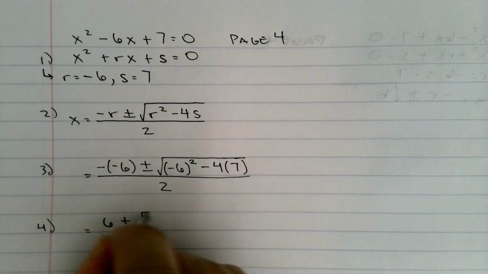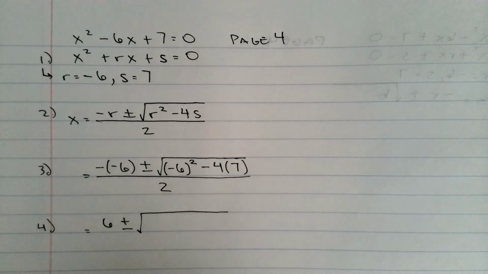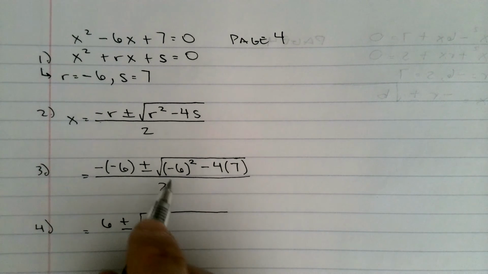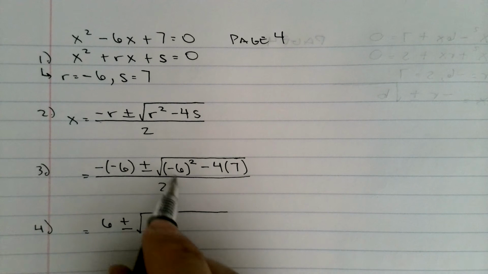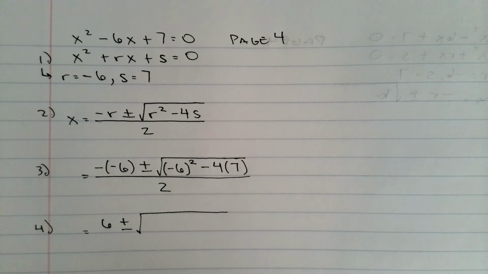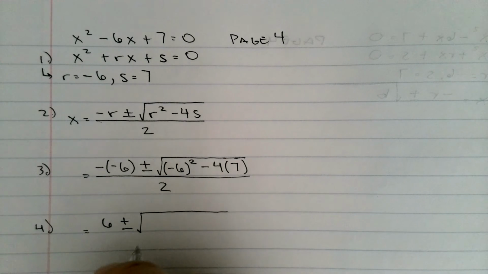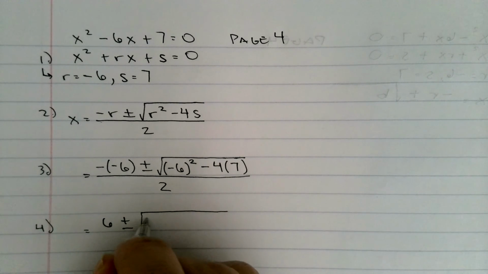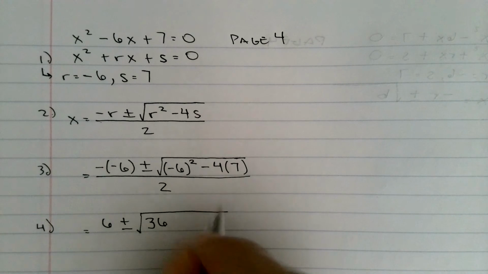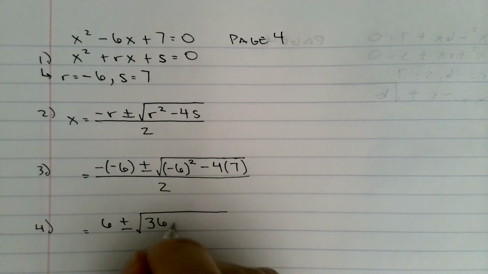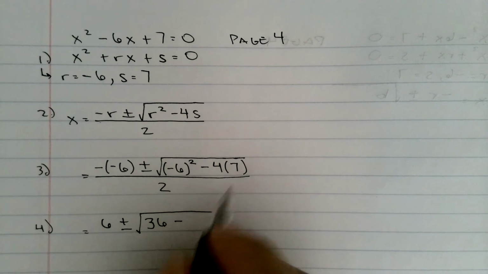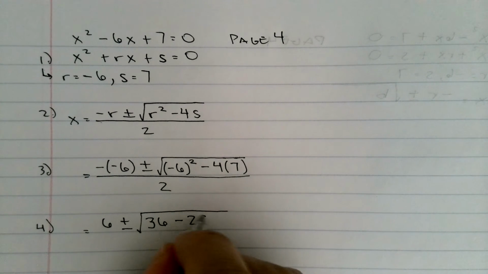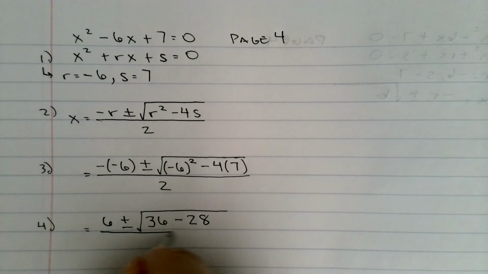Plus or minus, don't worry, we'll cover what plus or minus means in a moment. We have -6 raised to the second power. That's the same thing as writing -6 times -6, and a negative times a negative is a positive, so 6 times 6 becomes 36. We have a negative times a positive, that stays negative. 4 times 7 is the number 28. And all of it divided by 2.